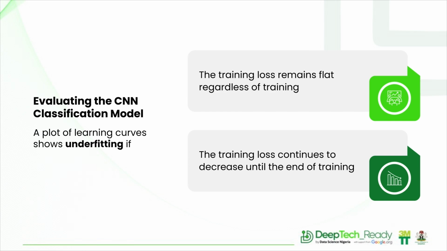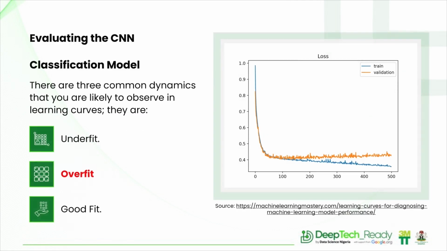We also have overfitting. Overfitting refers to a model that has learned the training dataset too well, including the statistical noise or the random fluctuations in the training dataset. And this often occurs if the model has more capacity than is required for the problem, and in turn gives too much flexibility.